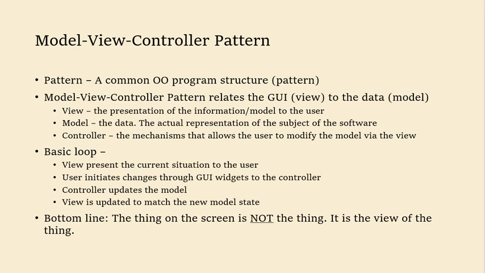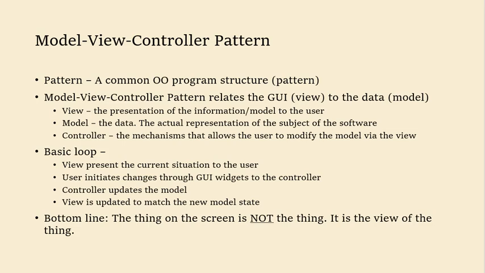So the GUI will tell the controller, hey, the user just requested something to happen. And then the controller will tell the model, here's the request, model, update yourself. The model does whatever it's supposed to do, and then the view will be revised based on the updated model.